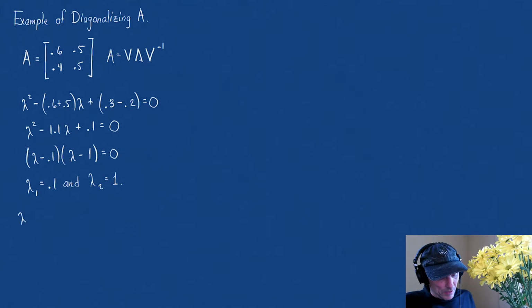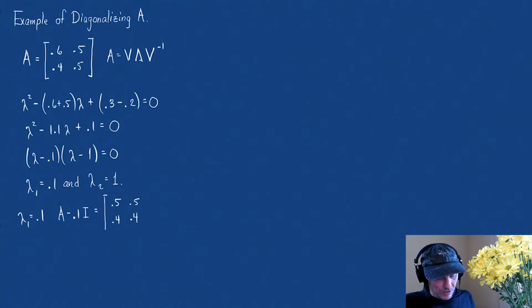When lambda 1 is 0.1, we take A minus 0.1 times I. That's going to be 0.6 minus 0.1, that's 0.5, 0.5, 0.4, and then another 0.5 minus 0.1, 0.4.